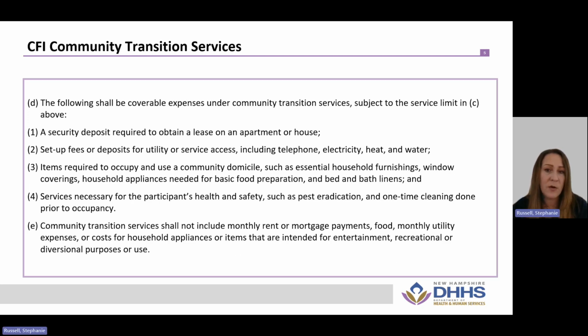Within the HEE 801 rule, the information of the waiver is mirrored in terms of the detail for transition services. Some of the following shall be covered expenses under the Community Transition Service.